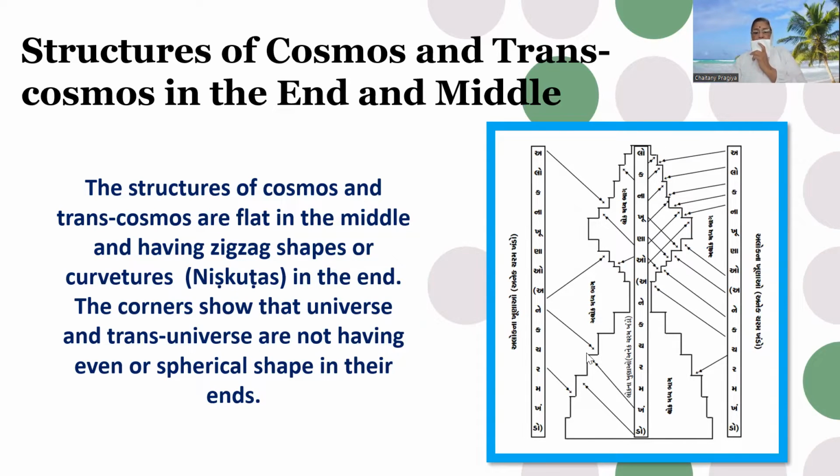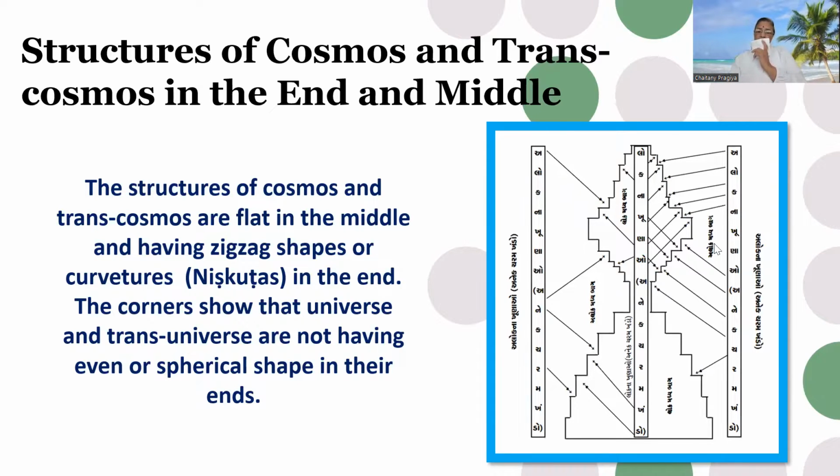Nobody can easily see the ending of the universe, but Jain scriptures have discussed that in the end the universe looks like a zigzag structure, and that's why there are so many corners which you can see coming out of this structure.